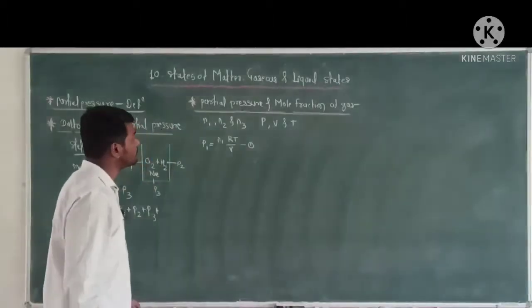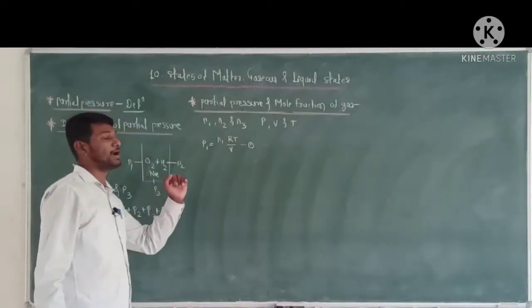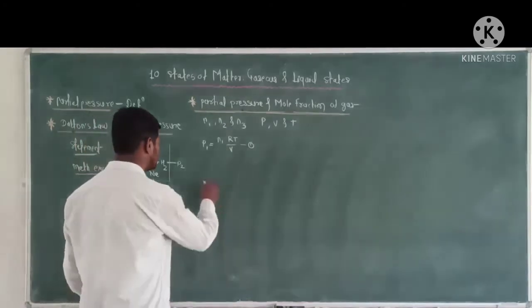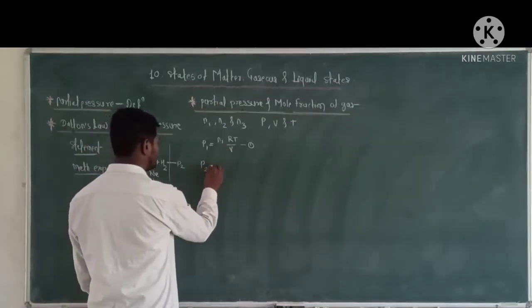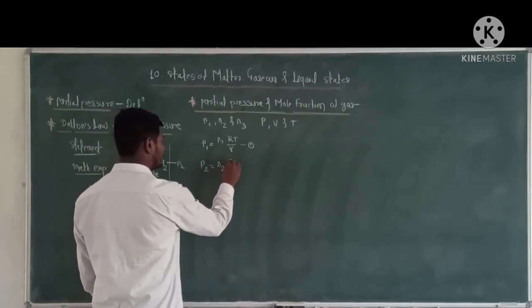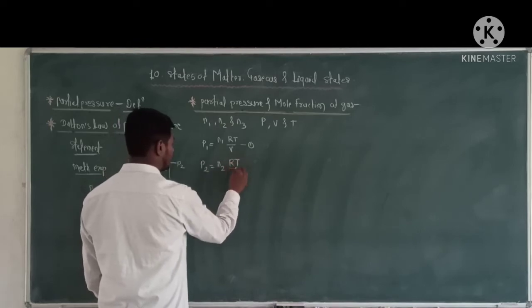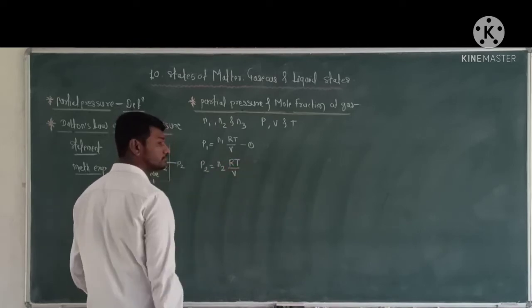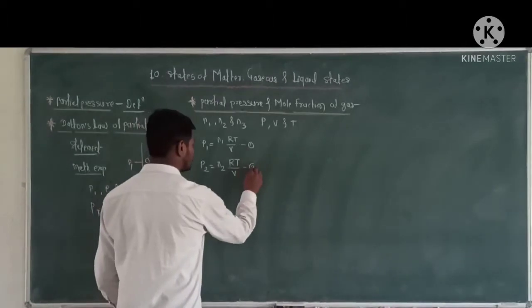Now the partial pressure of the second gas in the form of the ideal gas equation will be P2 is equal to n2RT upon V, equation number 2.